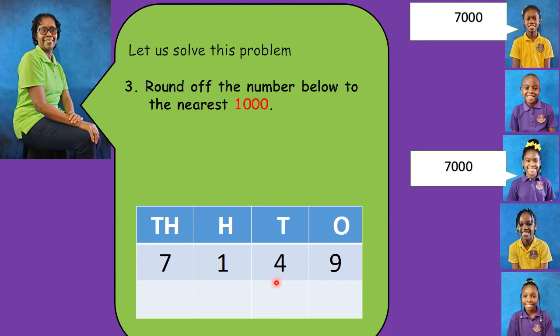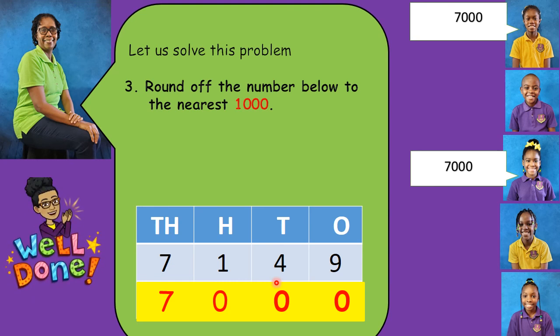Or did you write it in your book? If you did, you are indeed correct because that's the same answer teacher has. Okay? Clap yourselves. You are doing an awesome job. Well done, my brilliant boys and girls.